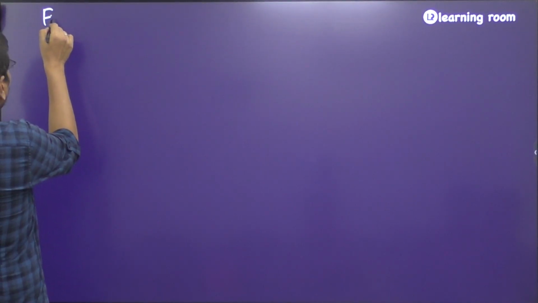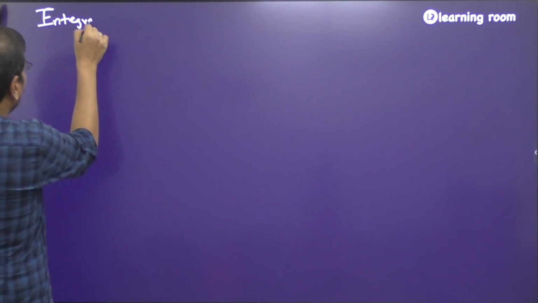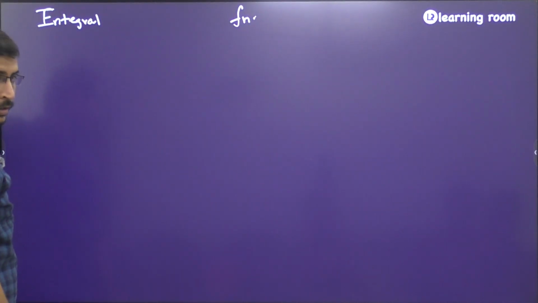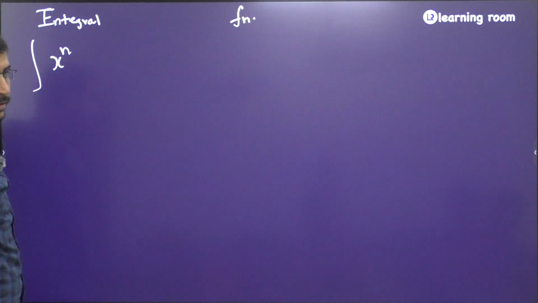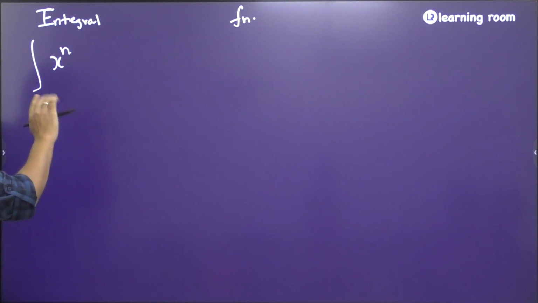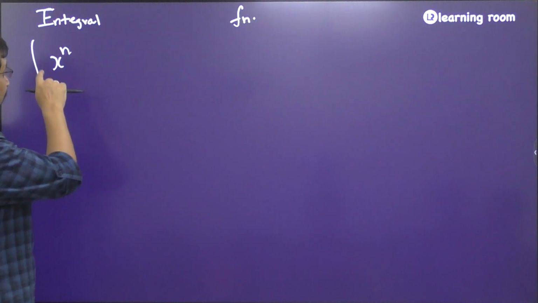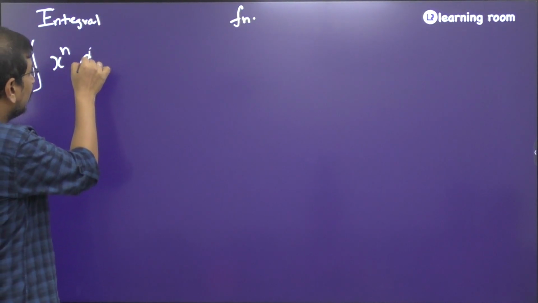So here I will take the integral and here I'll get the function. Okay. So integral of x power n. If somebody gives you a question like this, it is meaningless. So you need integral of x power n with respect to which variable? So it is dx.